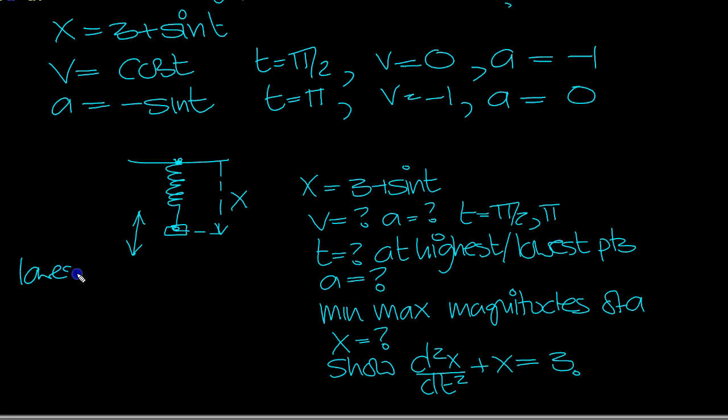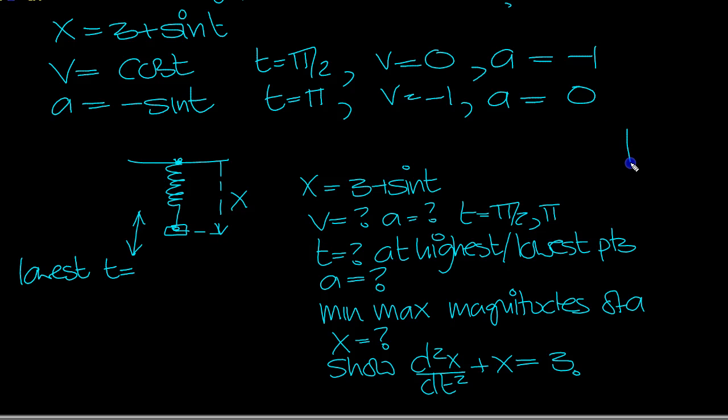Lowest. So let's go back to the question. Find when the particle is at its highest and lowest points. Okay, so lowest is when sine t is equal to minus 1.